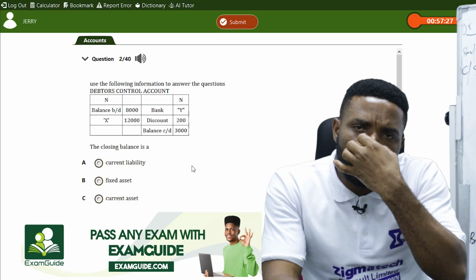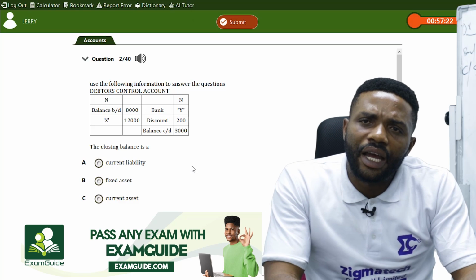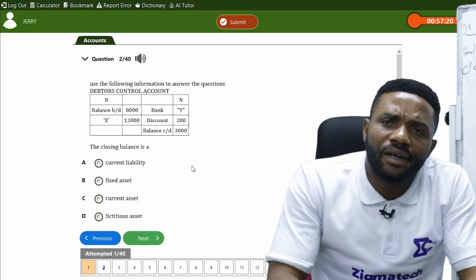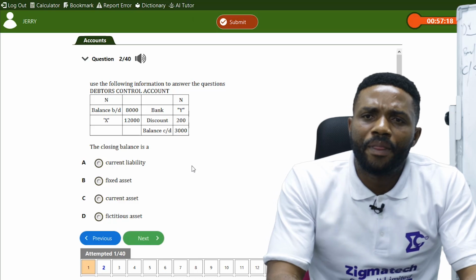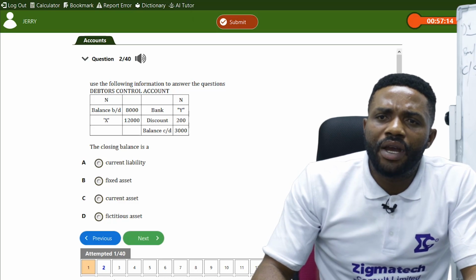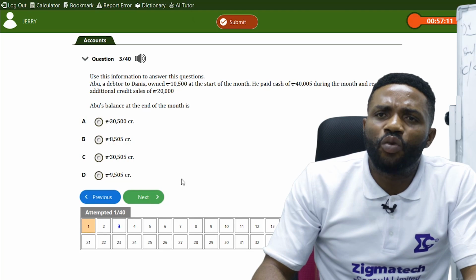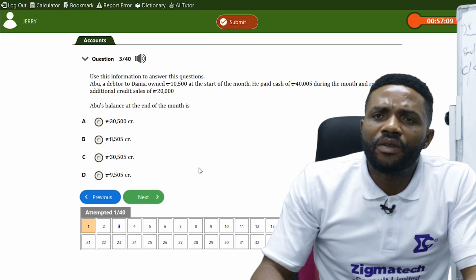We have a column where they have X is for 12,000, and then we have bank is for Y. This question is meant to be a continuation of another question. Use the following information to answer the questions.